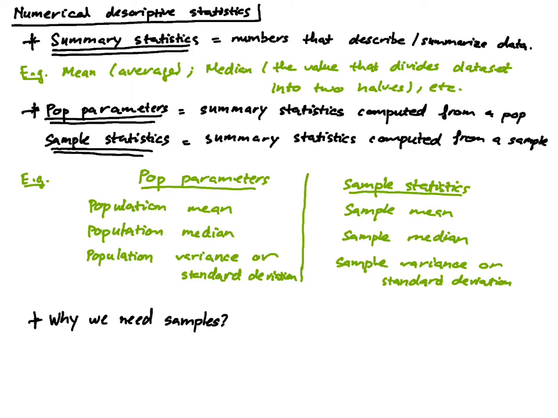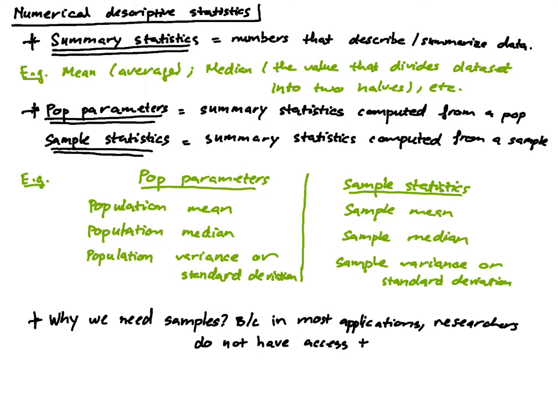The answer to this question is pretty straightforward, which is that because in most applications we don't have access to the population of interest.